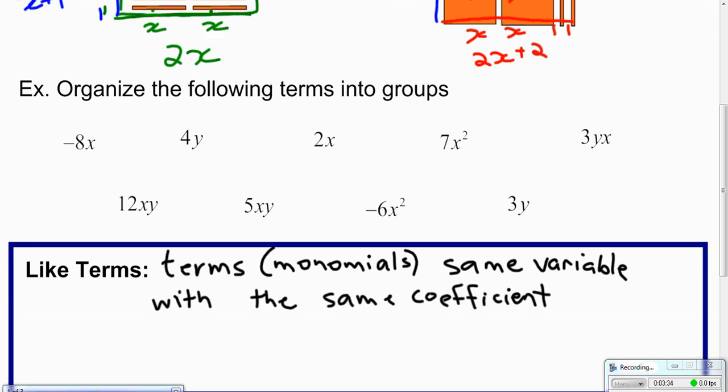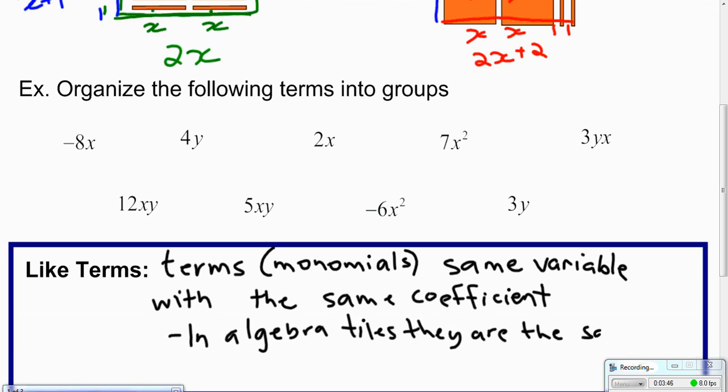So if we're thinking in terms of algebra tiles, in algebra tiles, they are the same shape. So if you remember back to the demo we did for lesson 3, when we started looking at algebra tiles, we said that you can't just take a handful of algebra tiles and say, I have 10 algebra tiles, I have 10 monies.